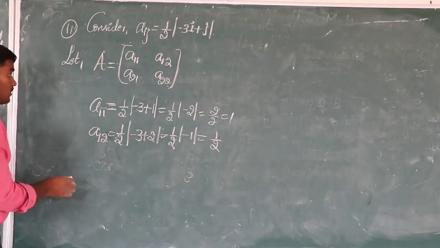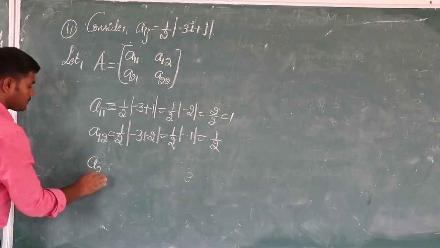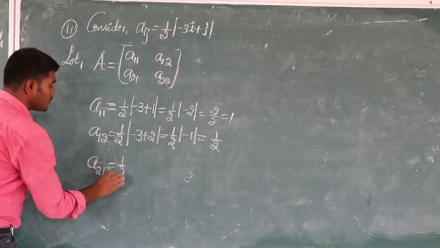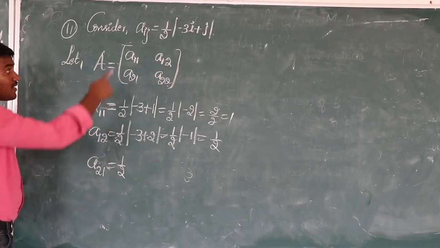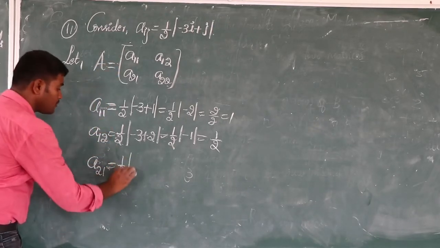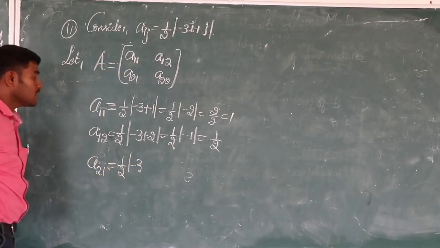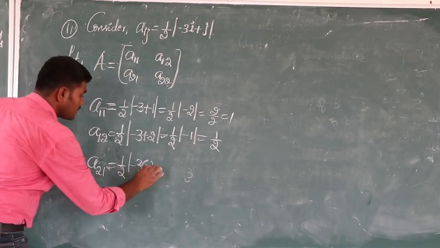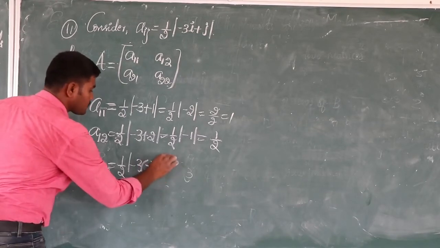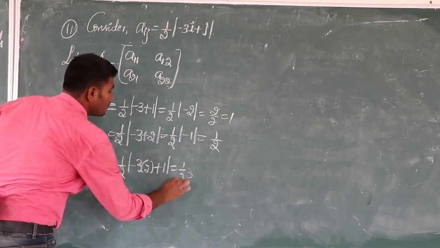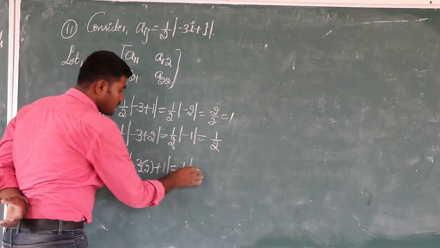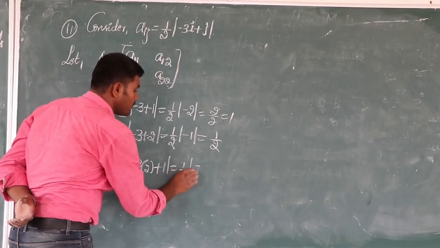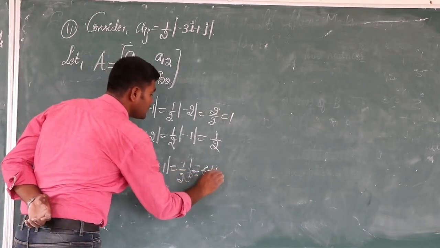Now the second row first element, a21: 1/2 |−3i + j|, so −3 × 2 plus 1.